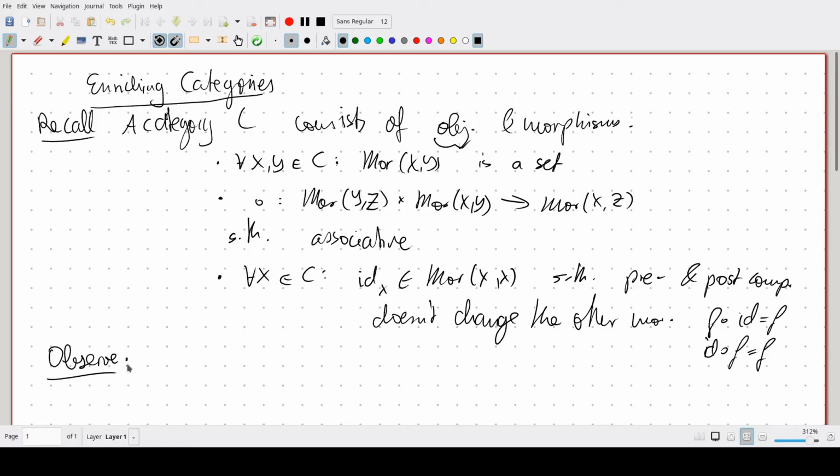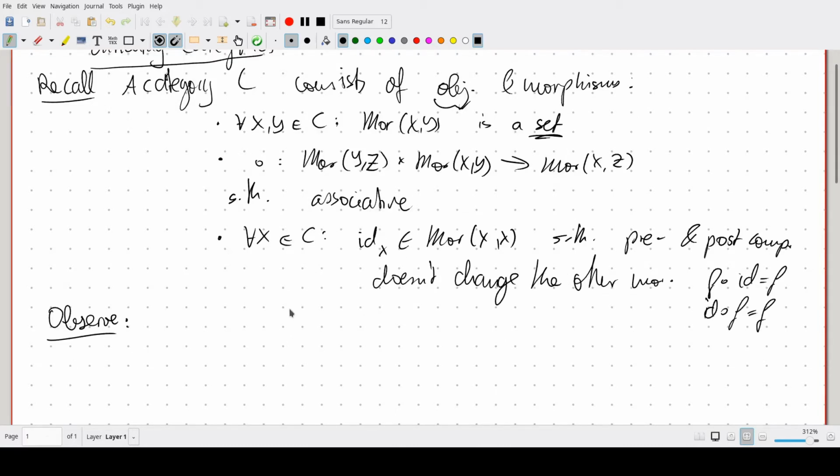But if we actually go out into the world and study categories, we find that a lot of categories actually have more structure than that. Because requiring that these sets of morphisms just be sets isn't really much. And usually we find that they have more structure.